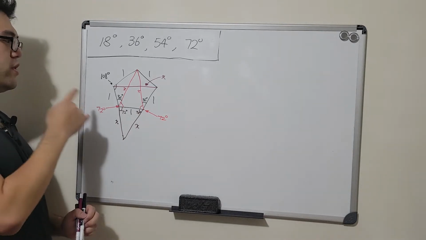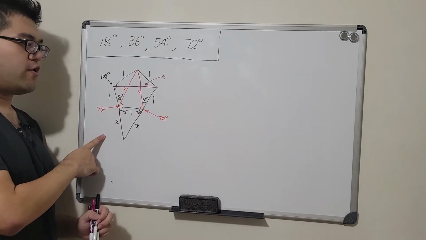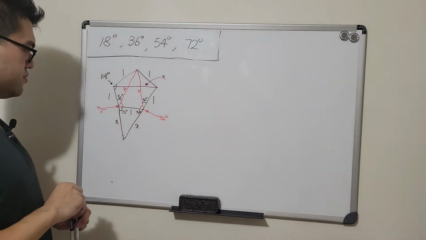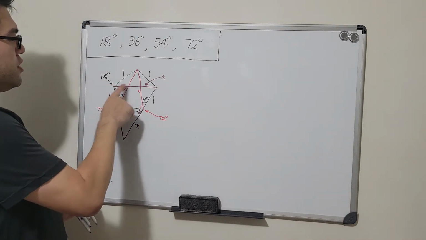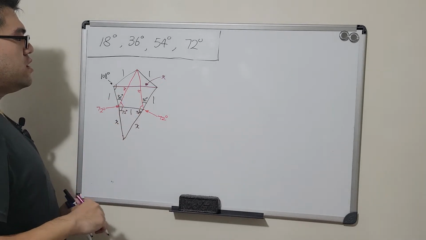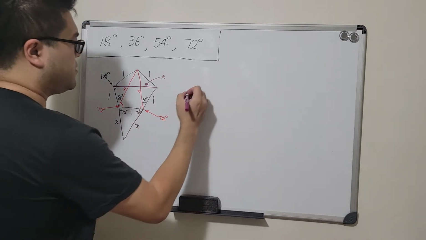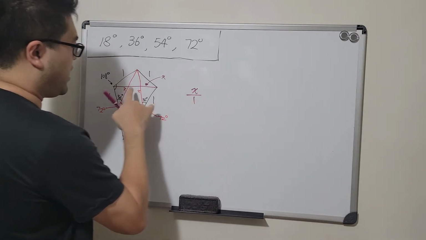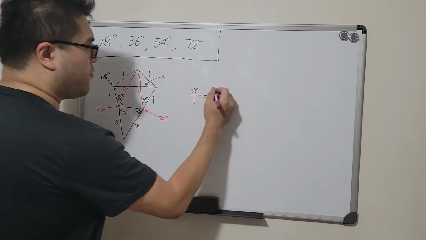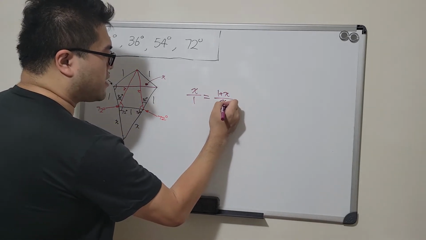Okay, so we're now ready for our setup. We can figure out what the value of x is. So if we look carefully, we get two similar triangles, meaning that we can take the ratio to figure out the value of x, which is x over 1 equals the total length 1 plus x over just the brown part, x.